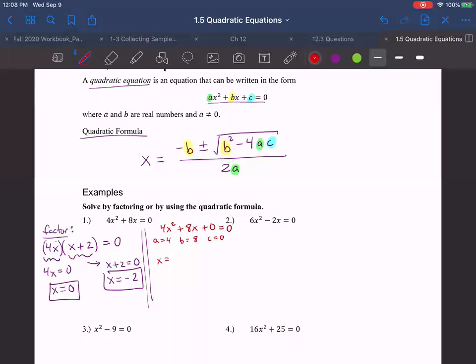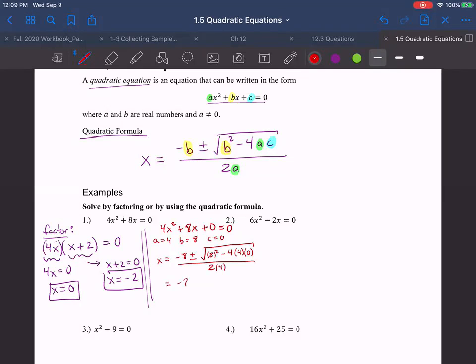x equals the opposite of b, so negative 8, plus or minus the square root of b squared, which is 8 squared, minus 4 times a times c, which is 0, all square rooted, all over 2 times a, which is 4.